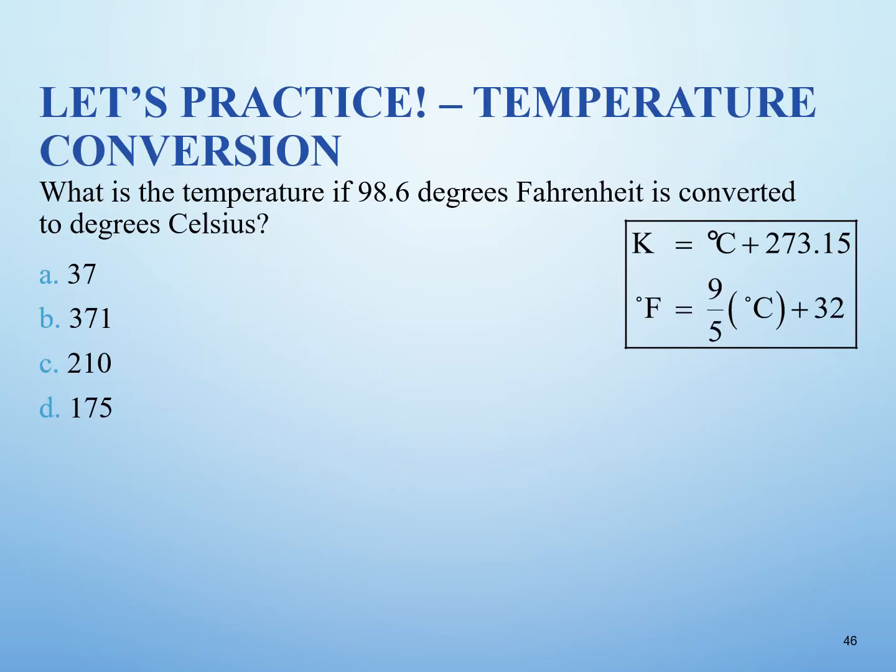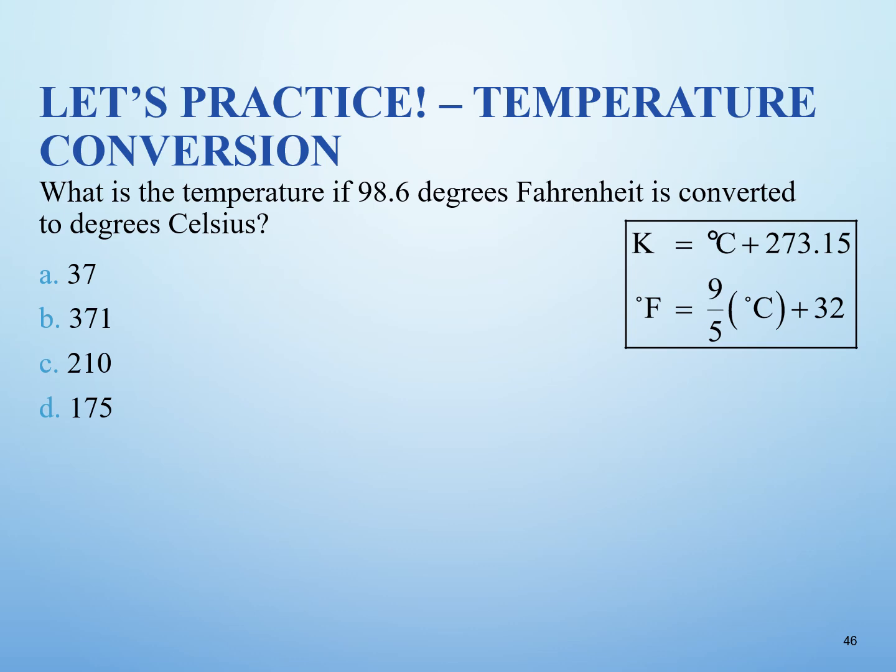So here's another example. It says, what is the temperature if 98.6 degrees Fahrenheit is converted to Celsius? So obviously we want to use the Fahrenheit and Celsius conversion equation right here. Let's go ahead and plug it in. And just for fun, we're going to do it to Kelvin too after that.